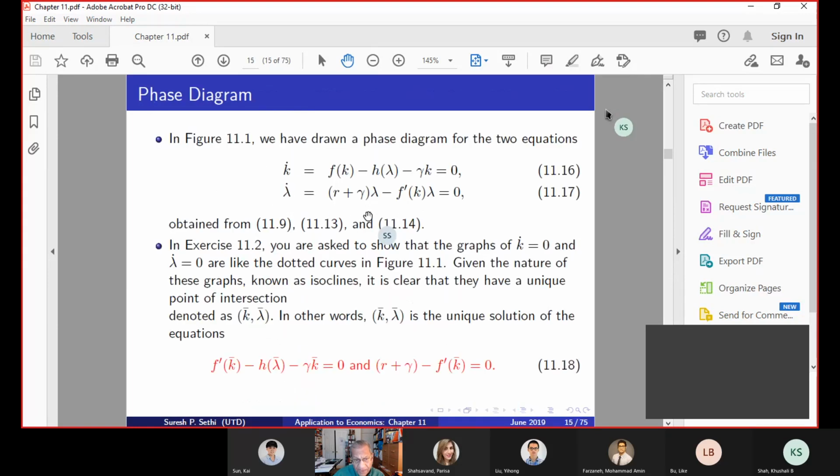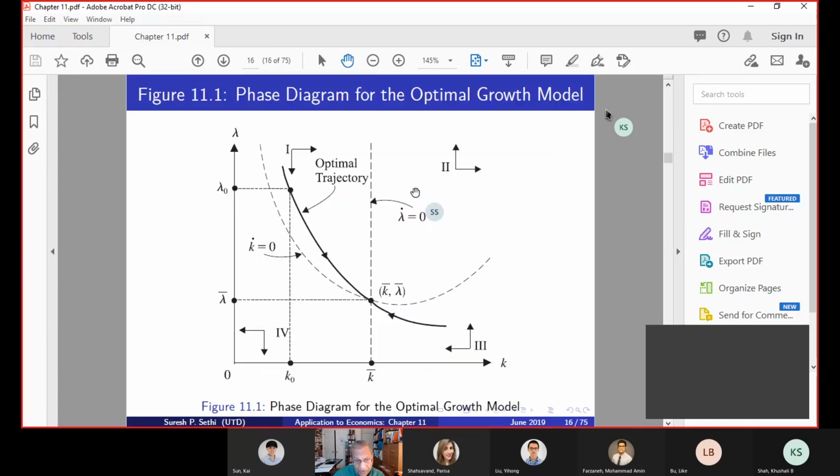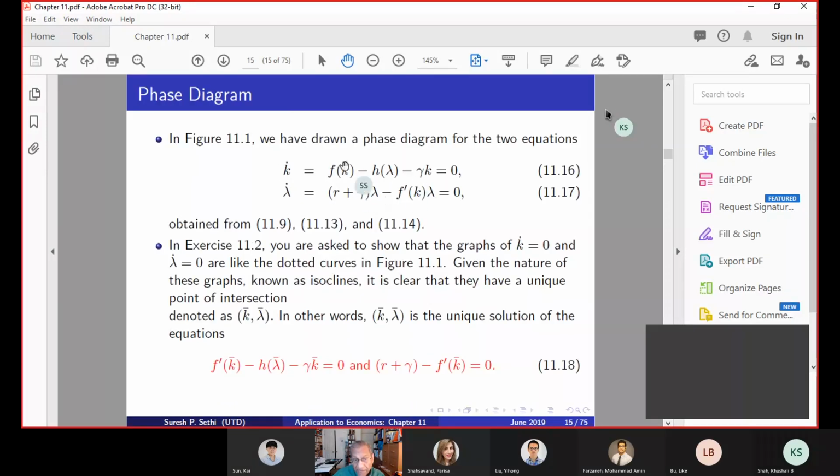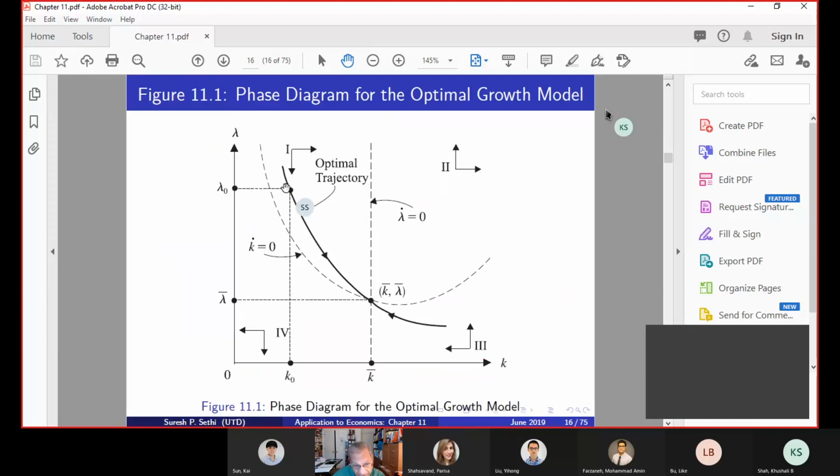And starting with this point, I should solve these two equations, not the zero equation, but k dot equal to this, k0 equal to k0, lambda dot this, lambda 0 equal to lambda 0. With that beginning point, I can solve this and find a trajectory of k, lambda. That trajectory is like this trajectory. If I have the right lambda 0, this trajectory will converge to k bar, lambda bar. And then I stay there.